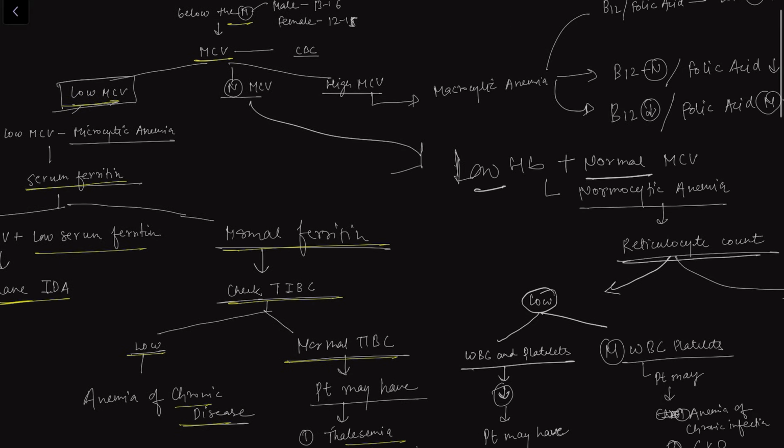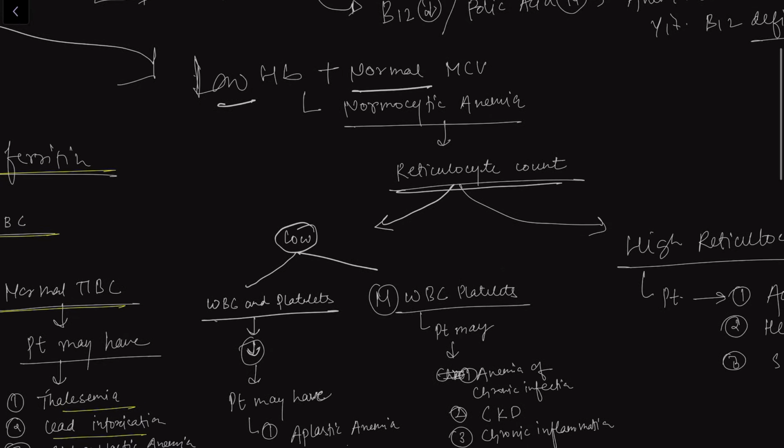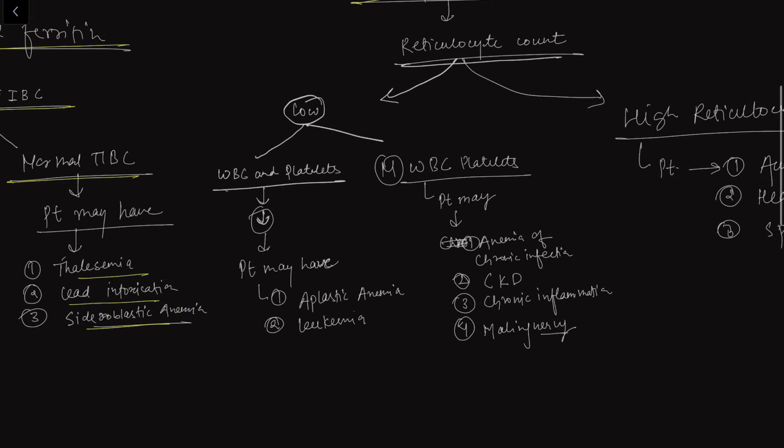If low hemoglobin but normal MCV, then the patient has normocytic anemia. Then check reticulocyte. If low, then check WBC and platelets. If WBC and platelets are also low, then the patient may have aplastic anemia or leukemia.